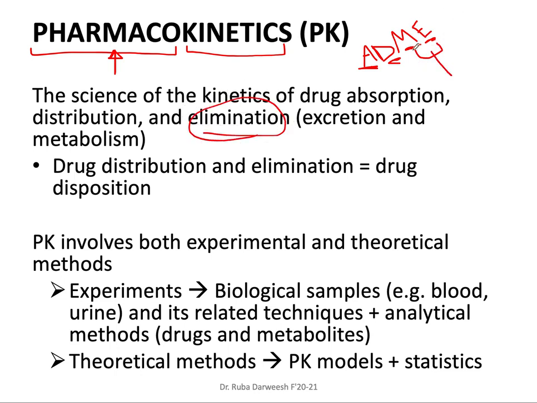Both of them, metabolism and excretion, are the elimination process. And when we are talking about elimination and distribution, we are talking about what we call the disposition of the drug.